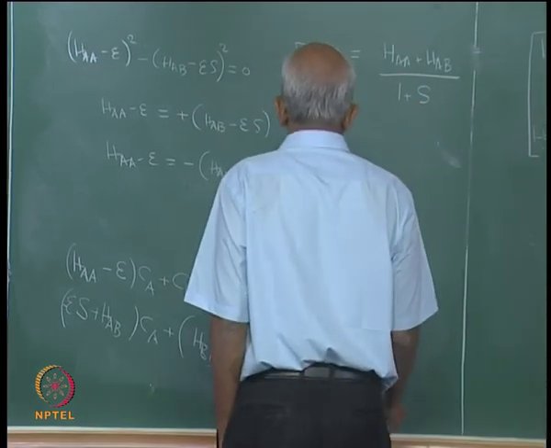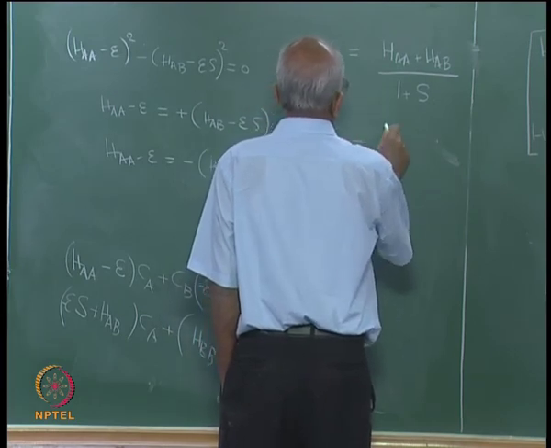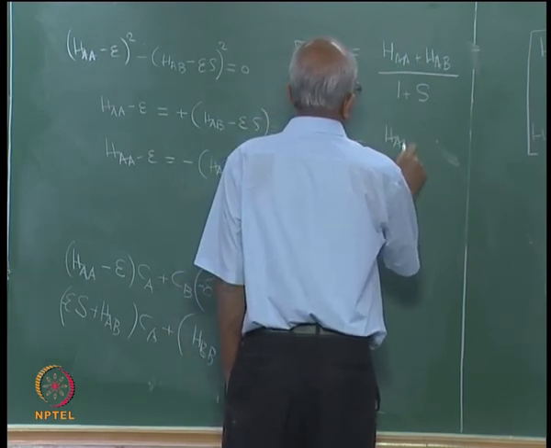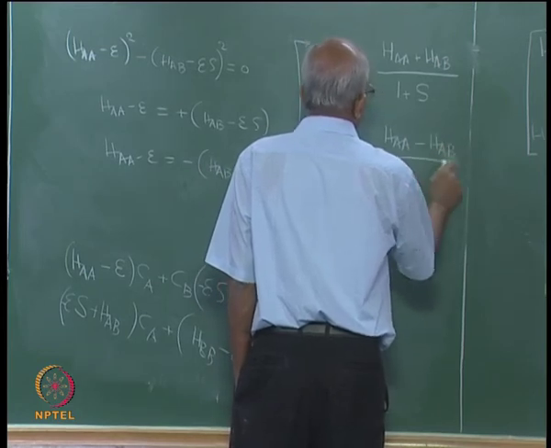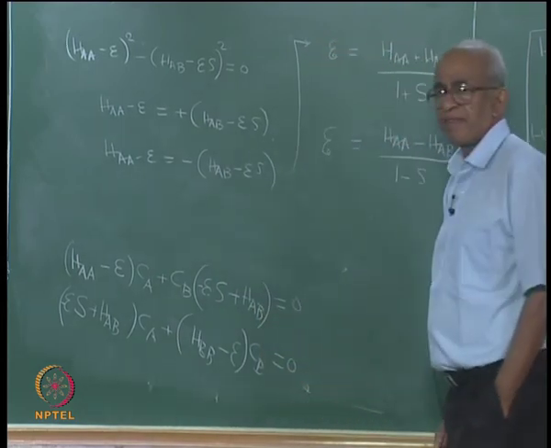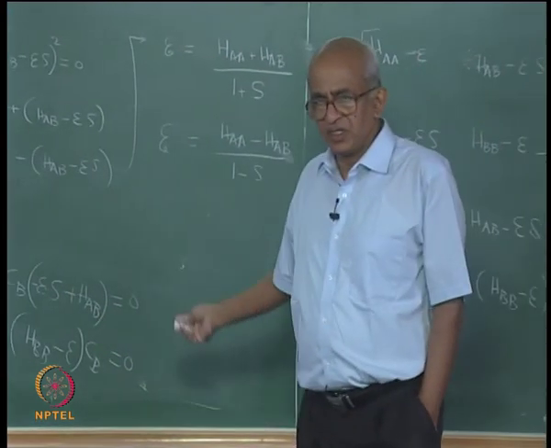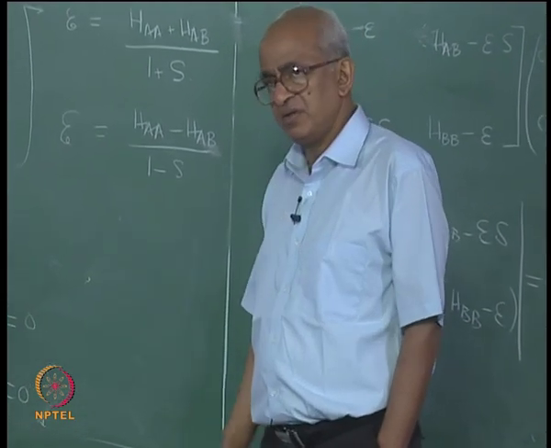And what is the other solution? The other solution actually is script E is equal to HAA minus HAB divided by 1 minus S. You put the plus sign, then you will find that this is the solution.